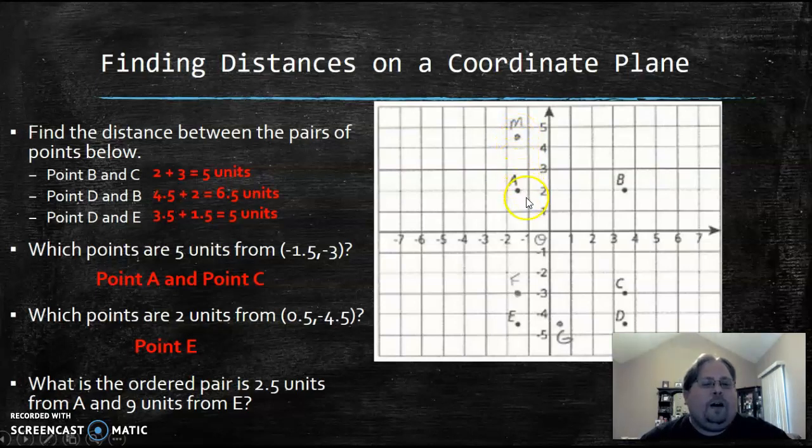So this point here is 4.5 units from the x-axis, and E is 4.5 units away. 4.5 plus 4.5 is 9 units. And that would give us this ordered pair where point M is, which is negative 1.5, comma 4.5.